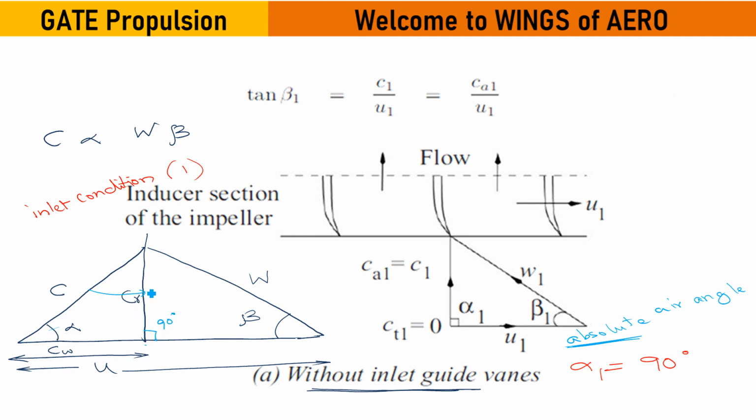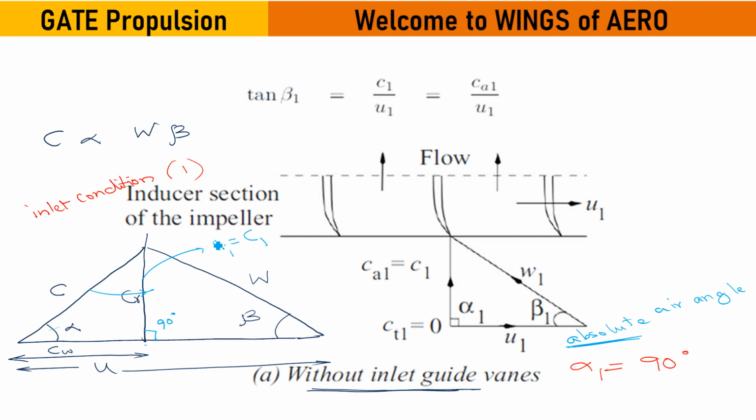So if I am shifting this line over here, can I mention CR is equal to C? Now this is the inlet case, so I will write CR1 equal to C1. C1 is the absolute inlet velocity, and CR1 is the radial velocity, the inlet radial velocity.